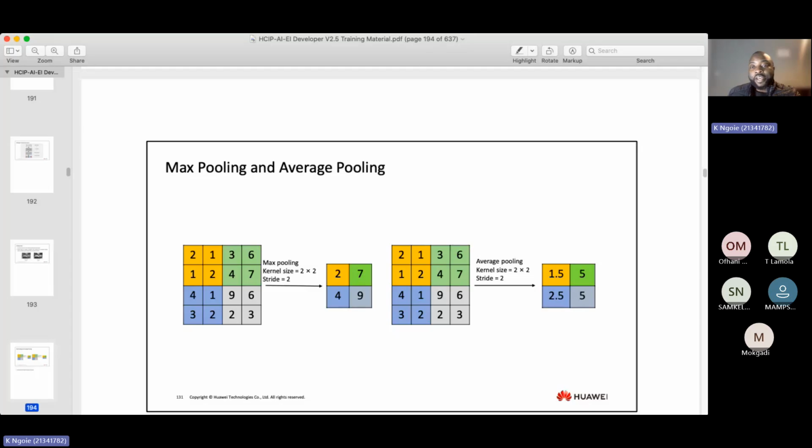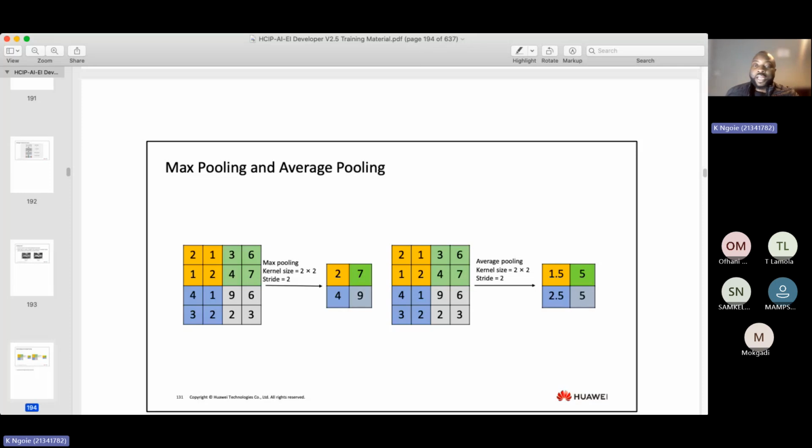But when we apply average pooling with the same kernel size of 2 by 2, we take the average here, which is 2 plus 2 plus 1 plus 1 divided by 4, which is 1.5, and then the average here is 5.